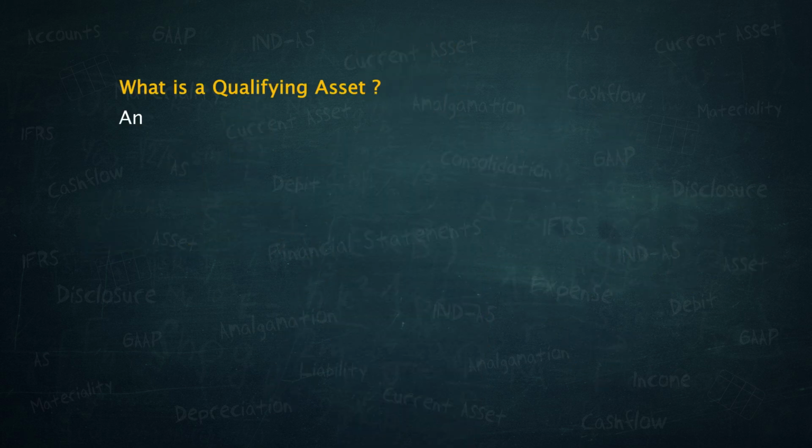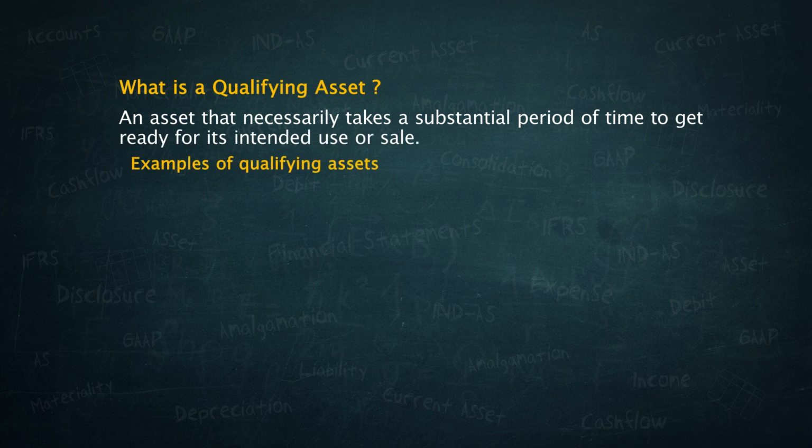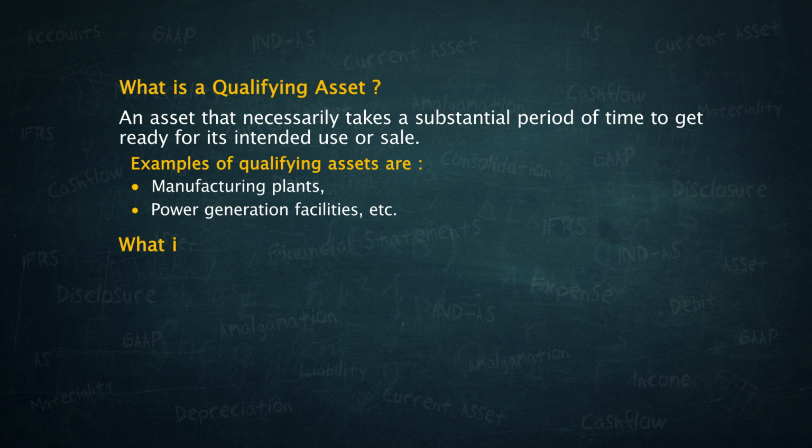A qualifying asset is an asset that necessarily takes a substantial period of time to get ready for its intended use or sale. Examples: manufacturing plants, power generation facilities, etc. As I mentioned, what is considered a substantial period?